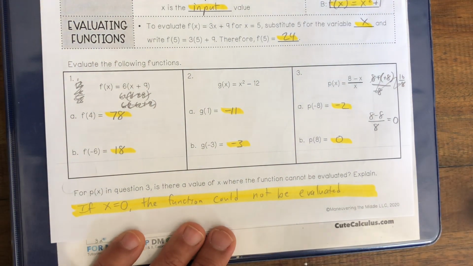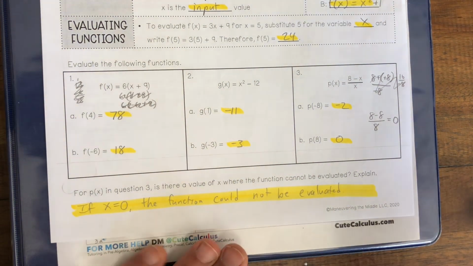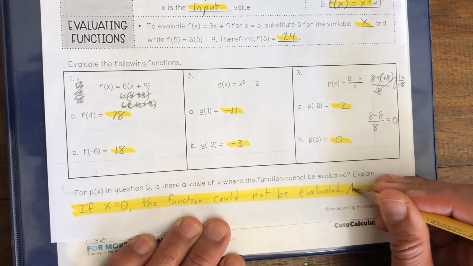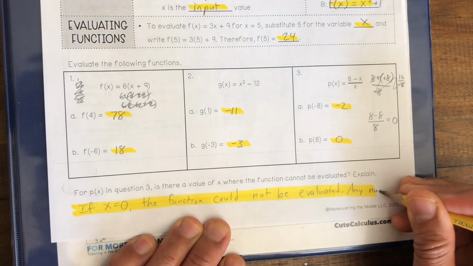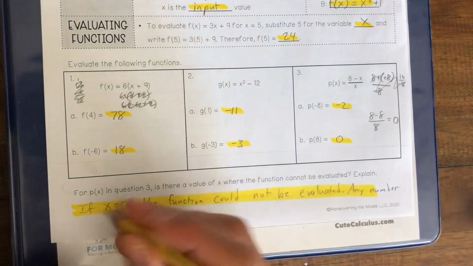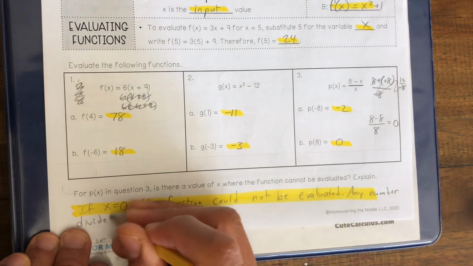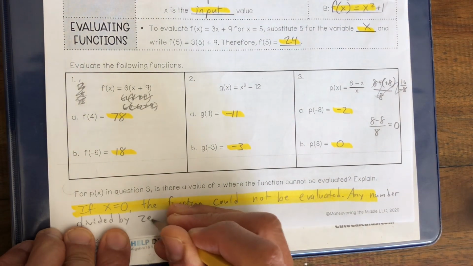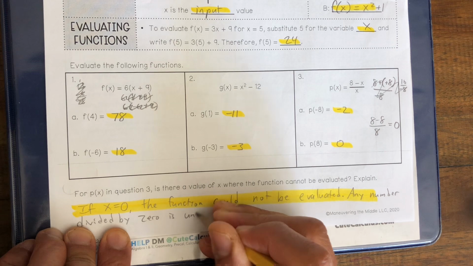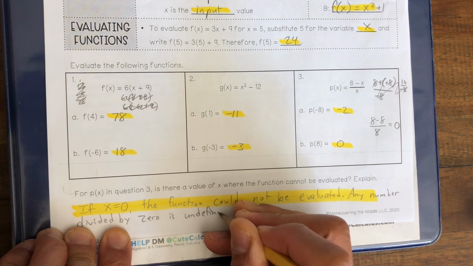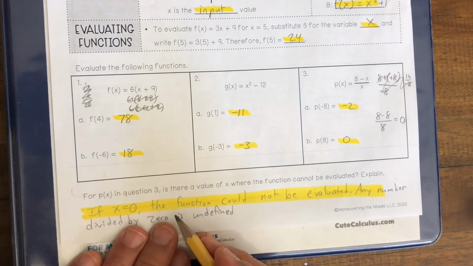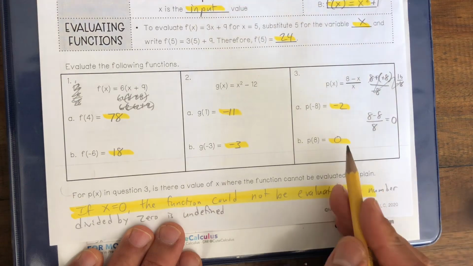Because we can't divide any number by 0. Any number divided by 0 is undefined. So we can't use 0 as an input in this case for number 3.